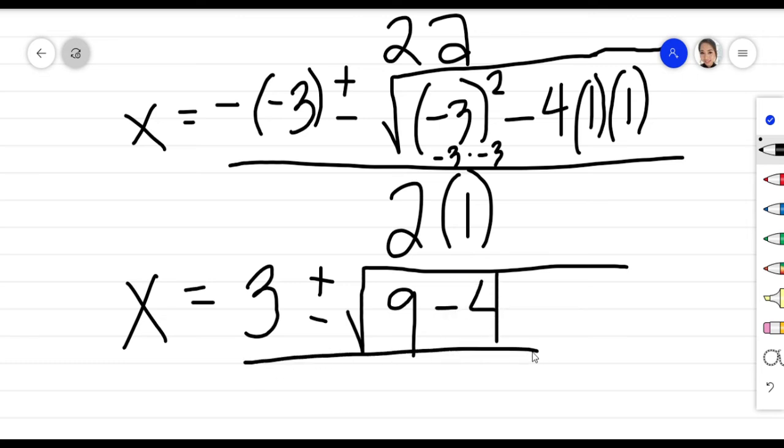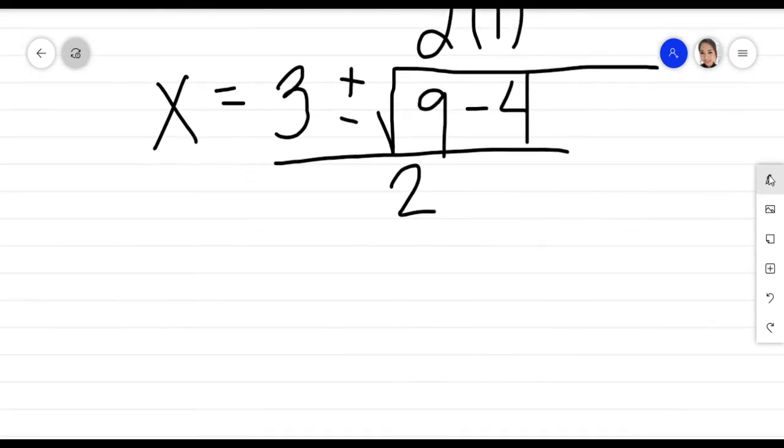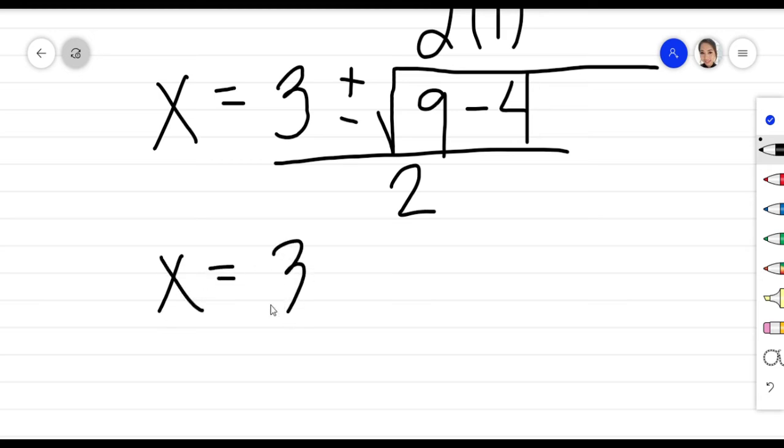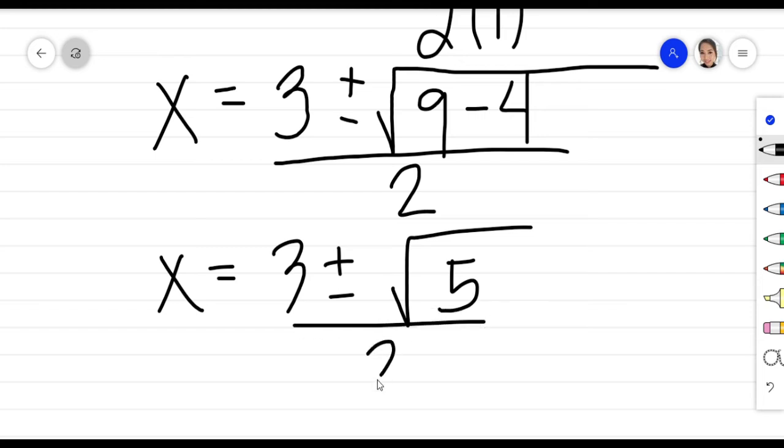All over 2 times 1 is 2. Now x equals 3 plus minus the square root of 9 minus 4, which is 5, over 2. We cannot extract any more from 5 because that is a non-perfect square. We cannot have a perfect factor here, so it remains as the square root of 5.